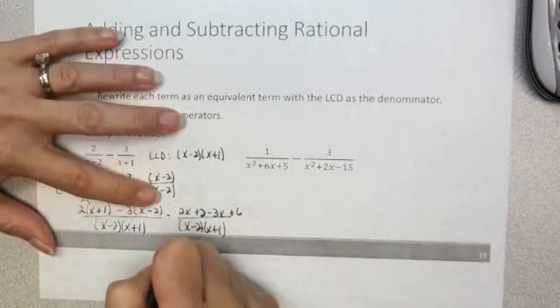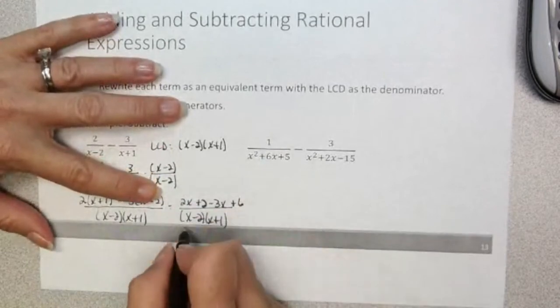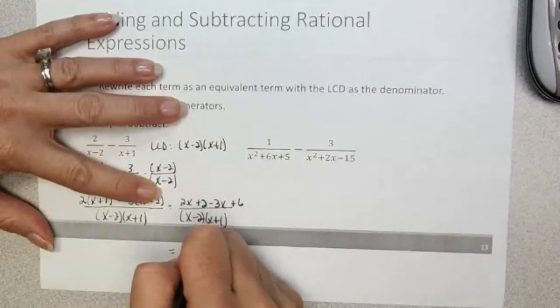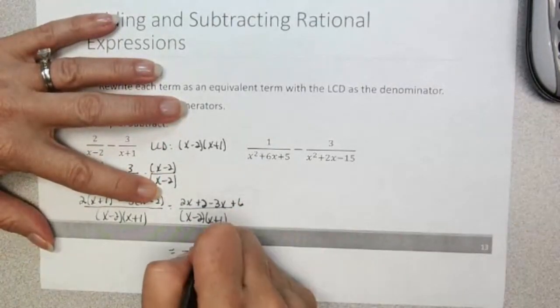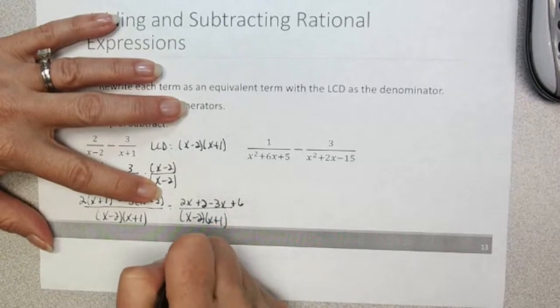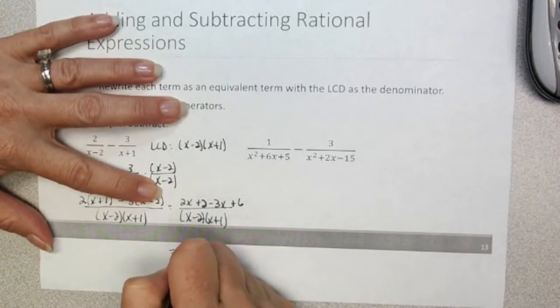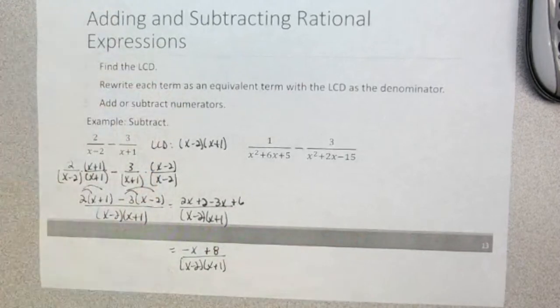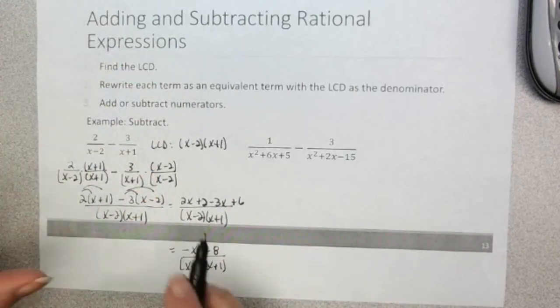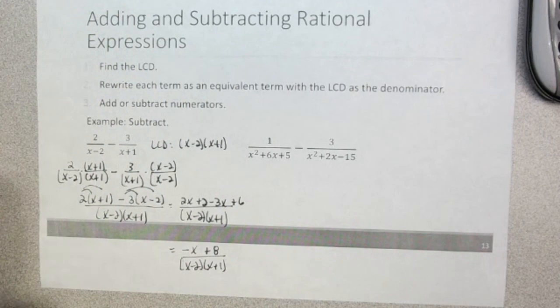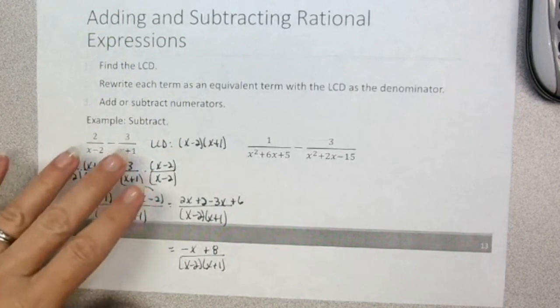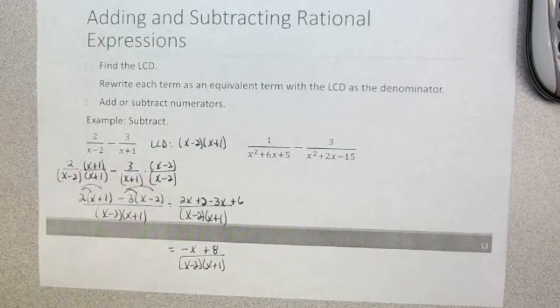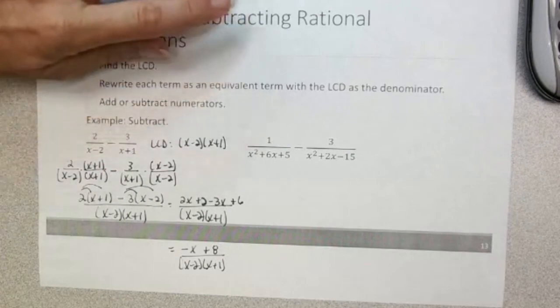And then I'll combine the like terms. 2x minus 3x is negative x. 2 plus 6 is positive 8, so negative x plus 8 over x minus 2 times x plus 1. And I'm going to keep that in this factored form. Okay. When you're adding or subtracting with different denominators, they're not going to simplify.